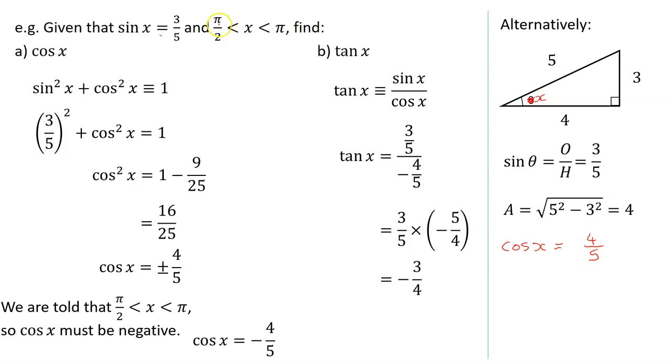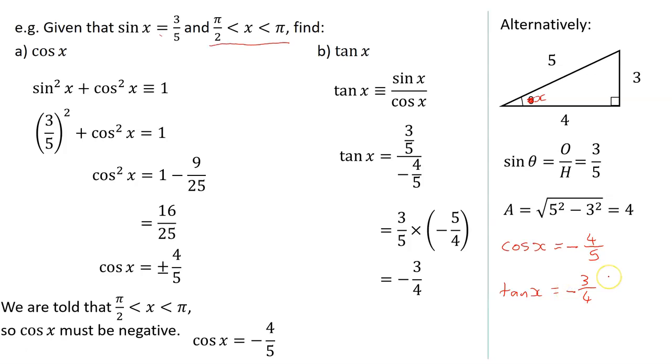Finally, I have to remember to check what quadrant my angle is in. It's in my second quadrant, so it needs to be negative. Similarly, tan x equals opposite over adjacent. Check the quadrant to see that tan x is negative.